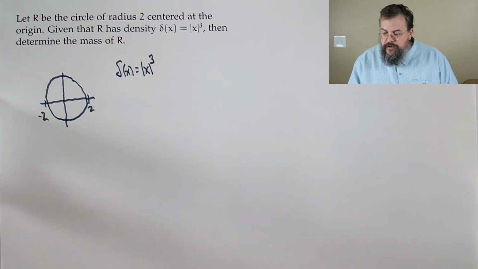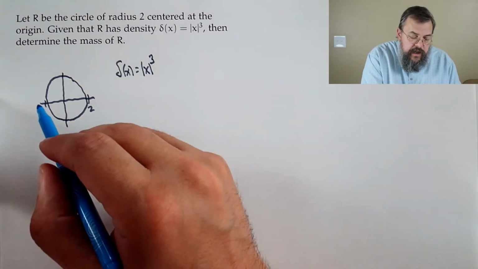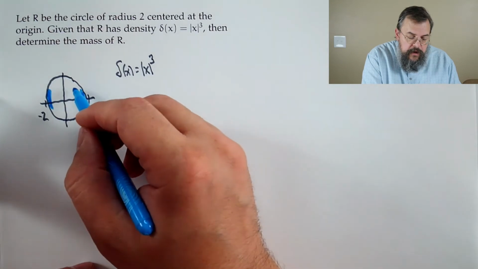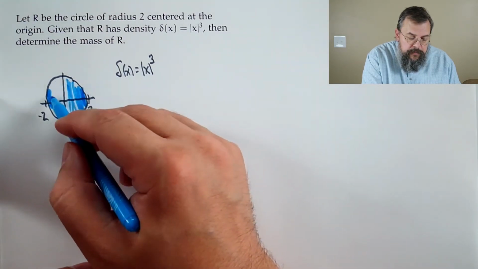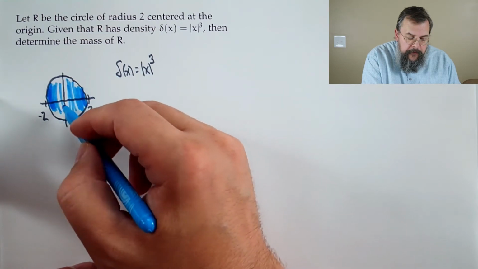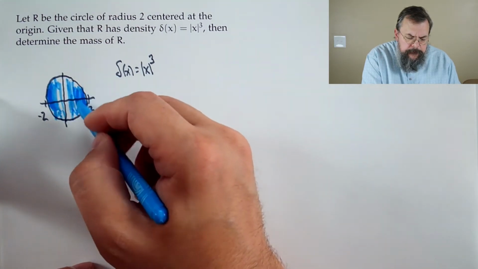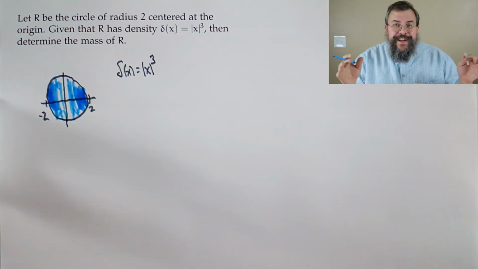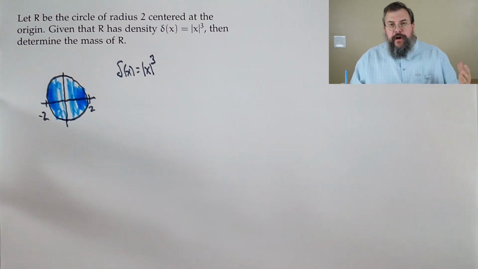So if we were to shade this by density, we would say it's very dense for our larger values of x, so over near the ends, but very sparse in the center. So something maybe like that, right? Okay, roughly speaking, that's what would happen. So dense at the ends, sparse in the center.